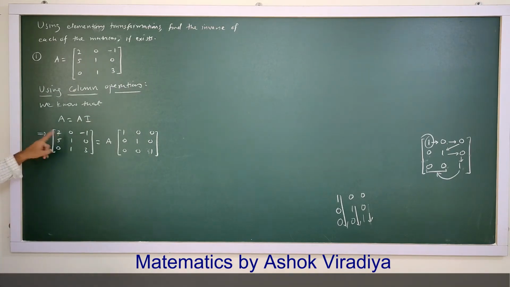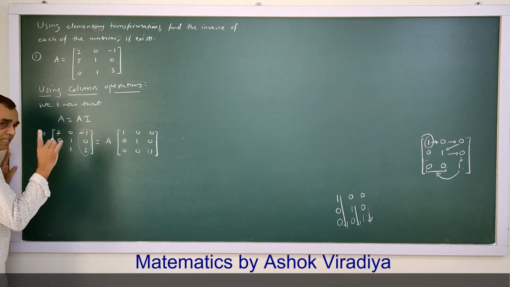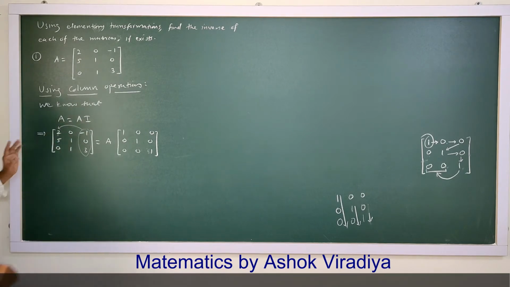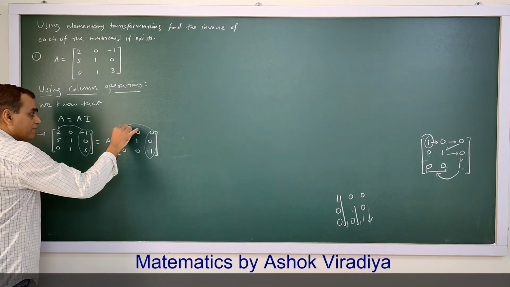So here 1 can be obtained. See other way of getting 1. If we add third column in first column, then also we can get 1. That will be better. So doing that way, same operation we will perform here.